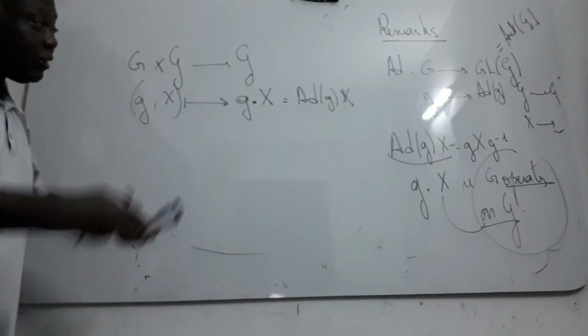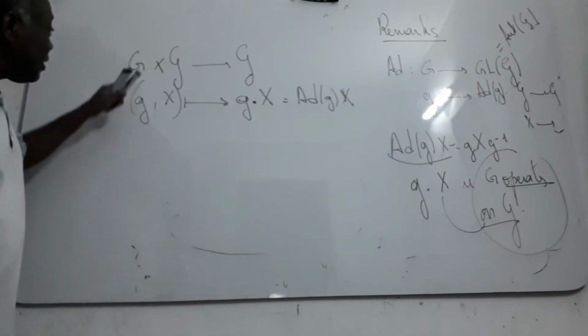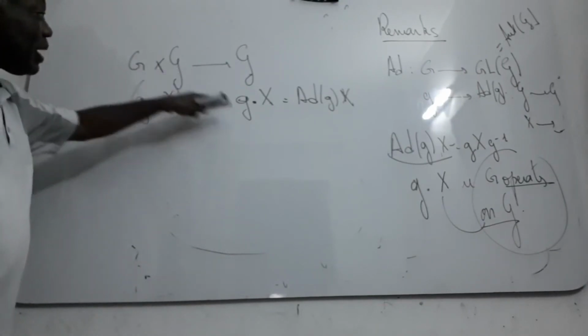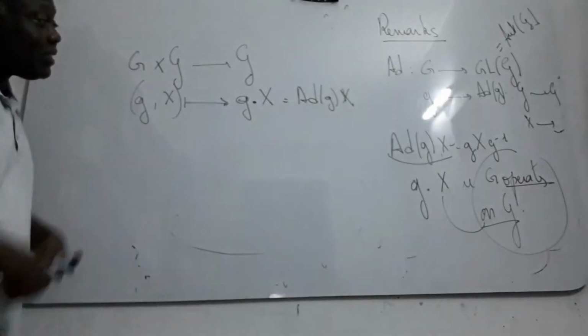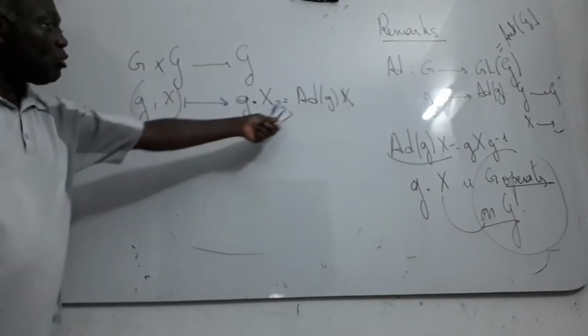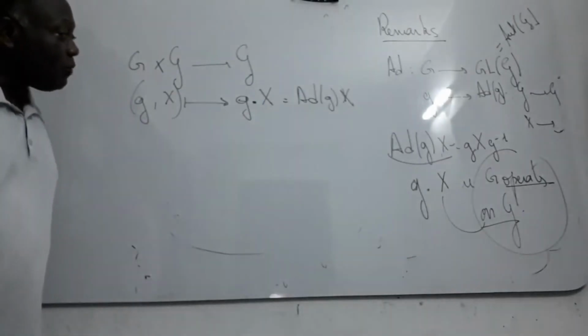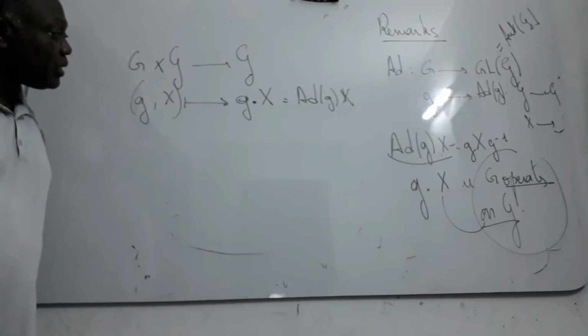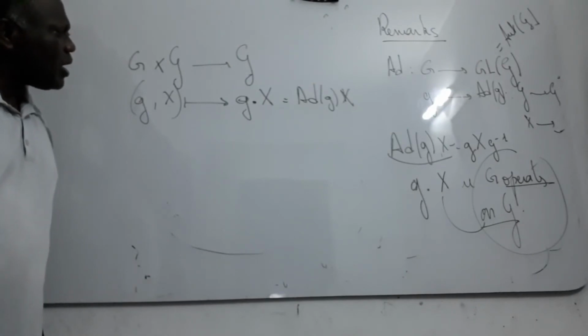This operates the group on the Lie algebra like this. From this operation we deduce what we call a representation of the group, which is called the adjoint representation.